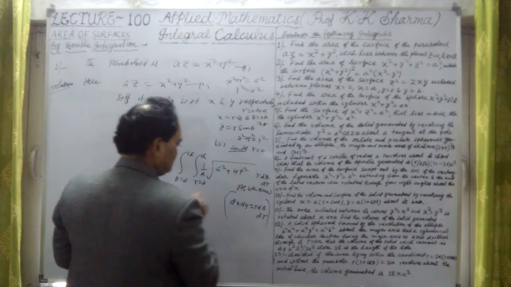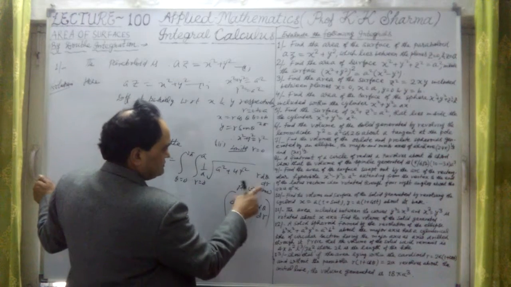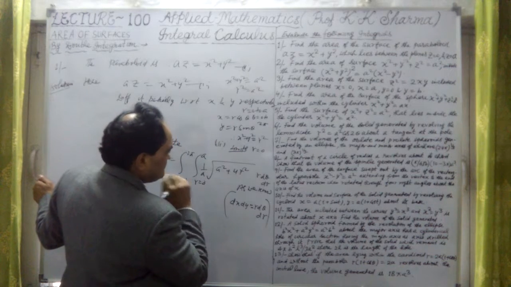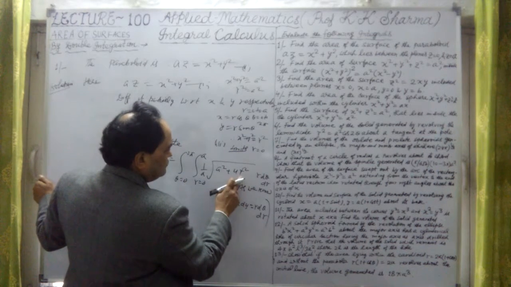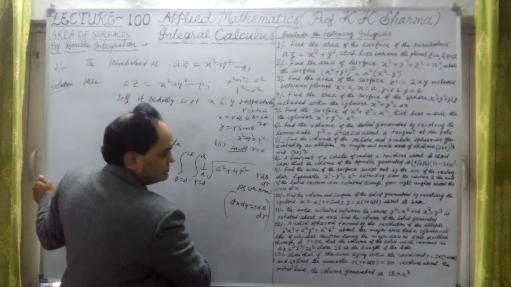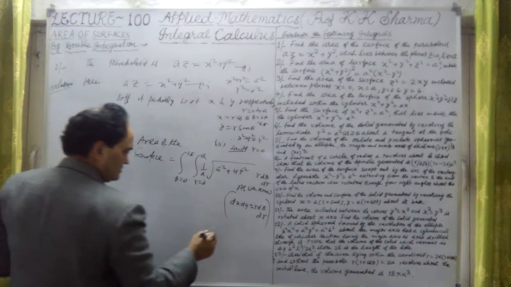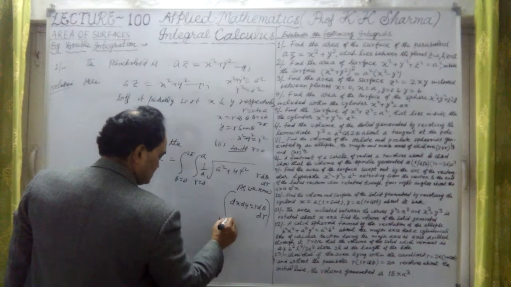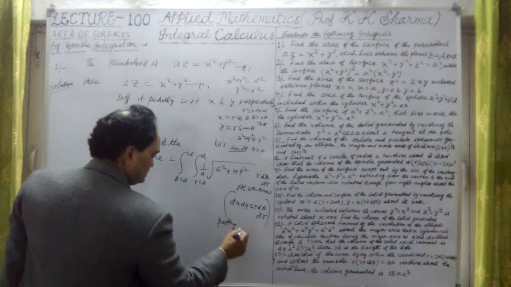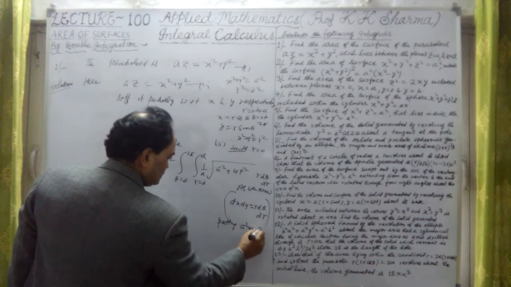Okay, so in this case first we have to integrate with respect to r. Let me take a square plus 4r square equal to t.